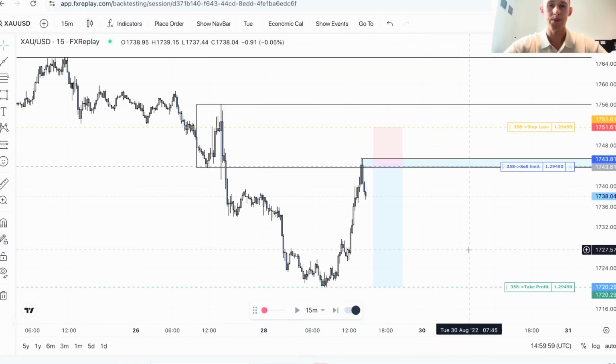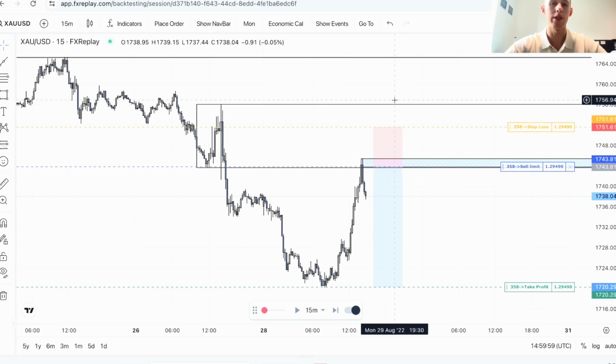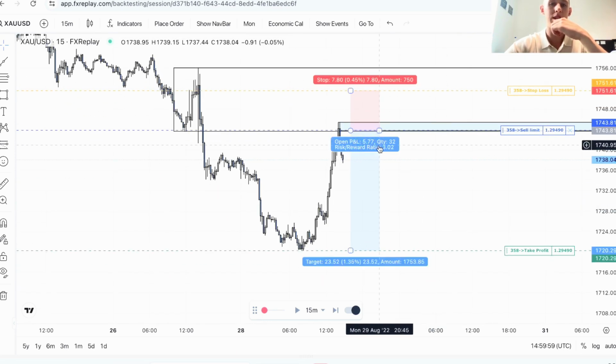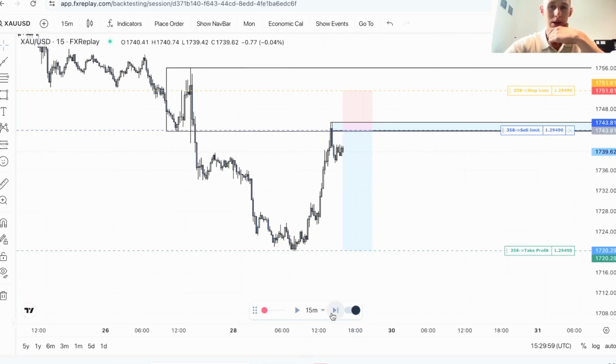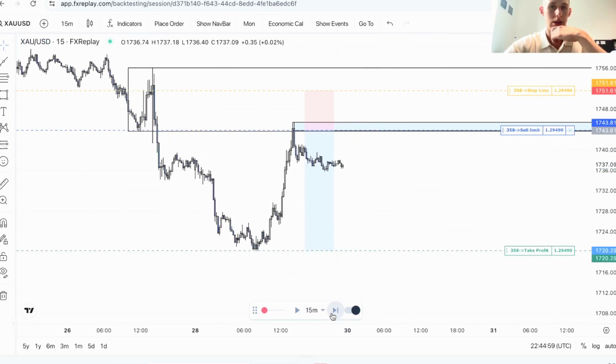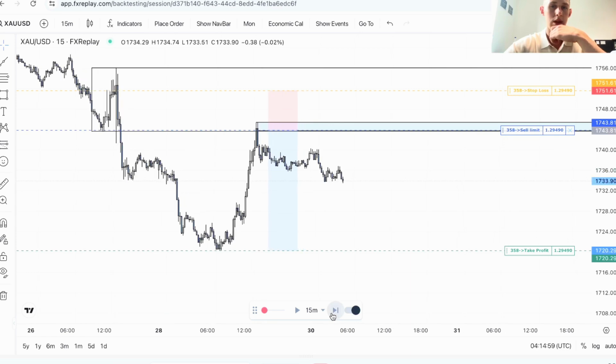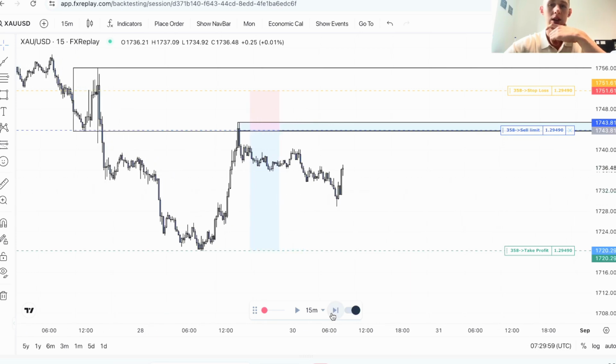Just because the sort of invalidation zone for this trade would be if it came above the supply. Obviously, we don't want a stop loss all the way above there, but this just basically gives us a higher probability of the trade playing out. If it even tags in.